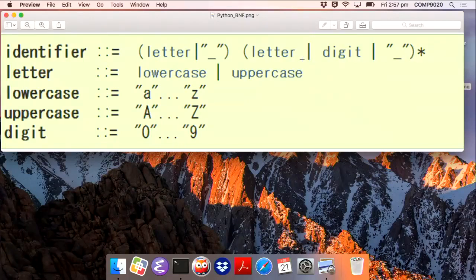It says that any combination of letter, digit, and underscore can be used, including 0. So you can have an identifier which consists only of a letter a to z, or even only an underscore. This would be allowed in Python, although probably not very recommended, but syntactically possible, followed by any number of these.